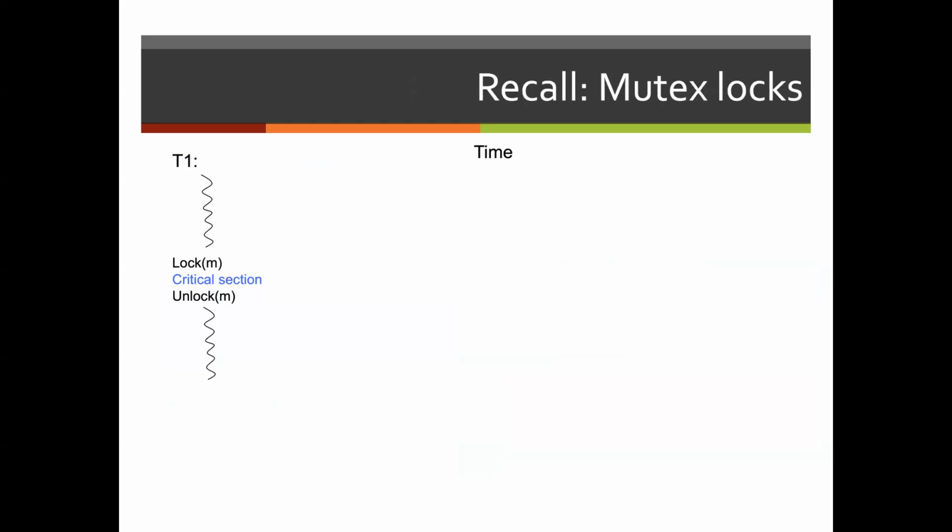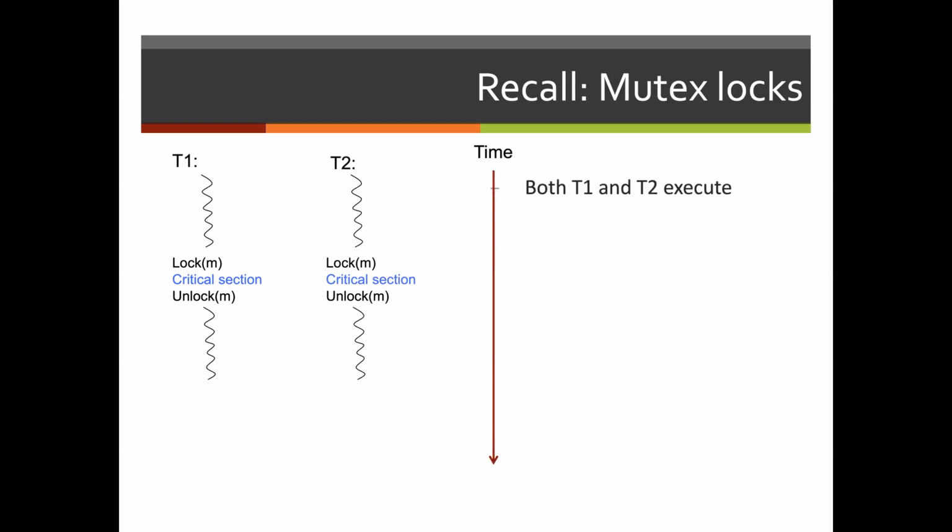And so let's consider T1 and T2. T1 has a lock, then a critical section, and then an unlock. T2 has a lock, a critical section, and then an unlock as well. How is this executed with regards to time? We have both T1 and T2 executing.